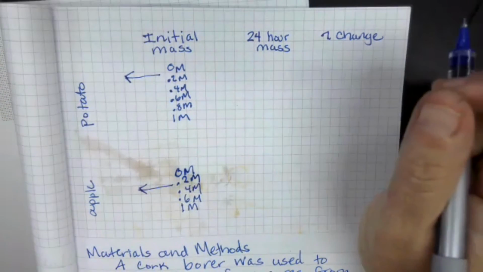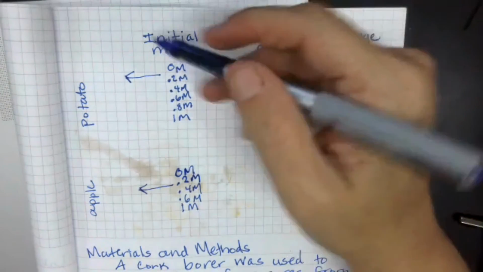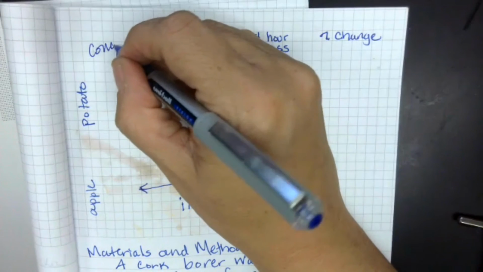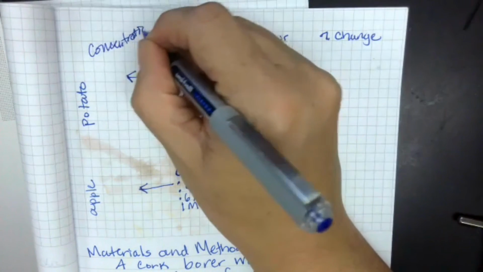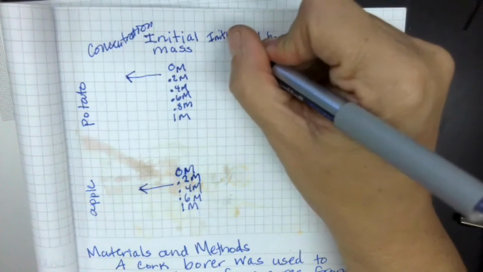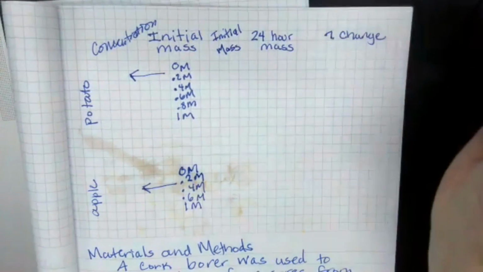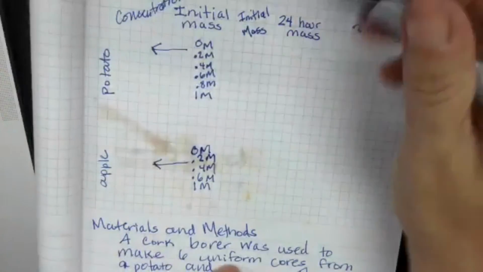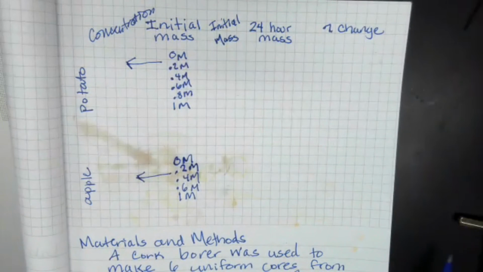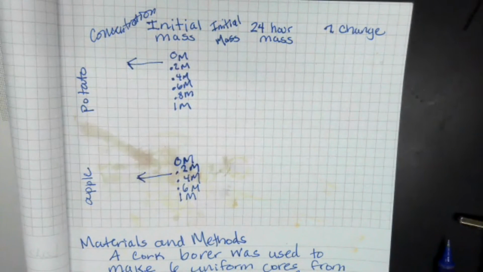So just make sure that this is going to be your concentration, and then this is going to be your initial mass, and a 24-hour mass, something like that. Somewhere to write data down that you can interpret later. And that's it. So you're just going to put them into one of the bins on the desk neatly.